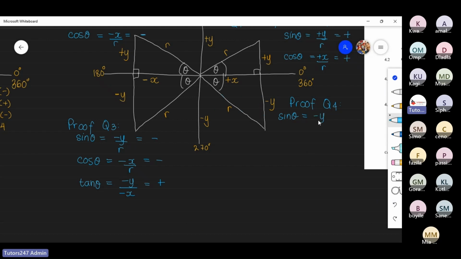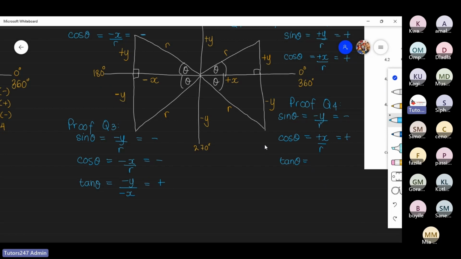So that is going to be minus y over r. That gives us a minus. Next, cos theta is adjacent over hypotenuse. So that is going to be positive x over r, and that is going to give us a positive value.